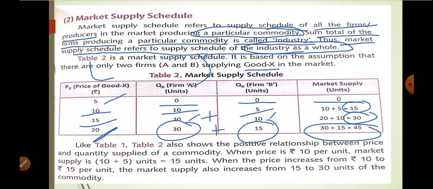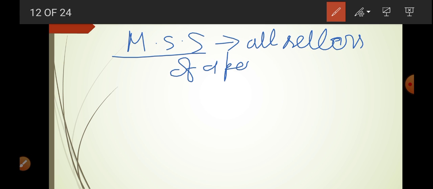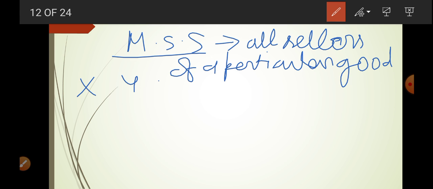Simply put, the market supply schedule is related to all sellers of a particular good.